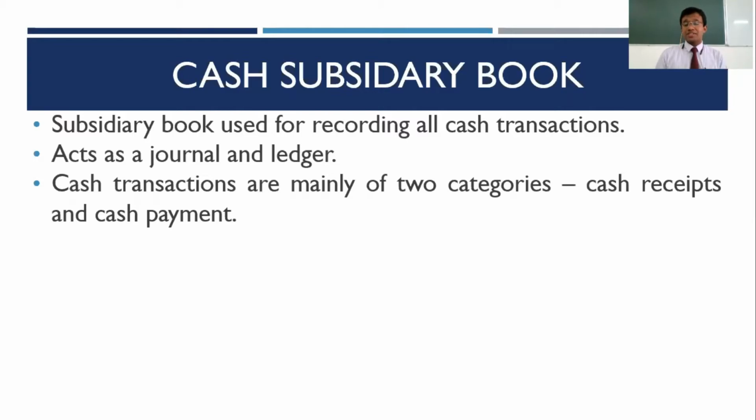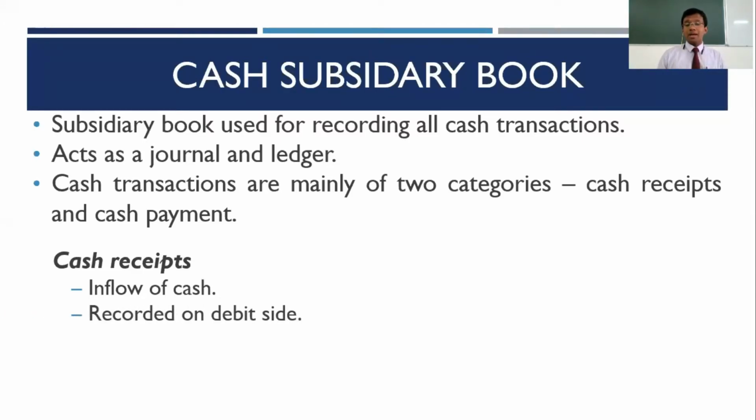When we talk about cash transactions in a business, they can be broadly classified into two. You have cash receipts and then you have cash payments. Now, what are cash receipts? Cash receipts are those transactions where there is inflow of cash. Cash would be coming into your business. Now, please remember, the cash subsidiary book is also real in nature, which means the golden rule is debit what comes in, credit what goes out.